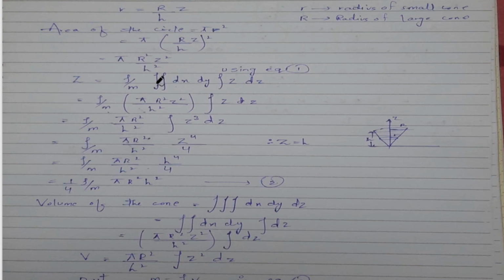Double integration means that we integrate individually on dx and dy, and after that we get these terms. So this value is actually equal to this value. Now you have to put this value in this formula, with the z dz integration the same.